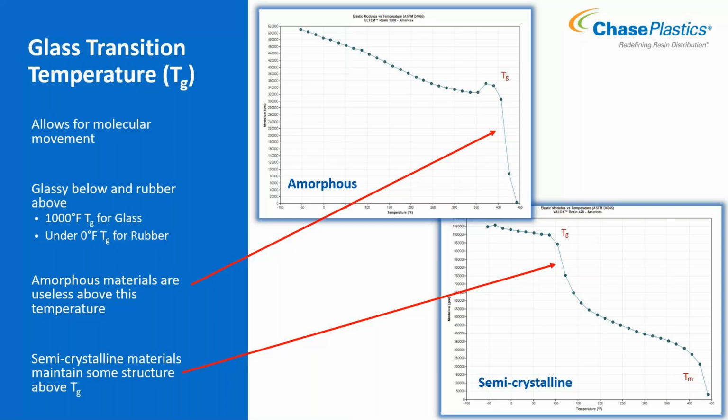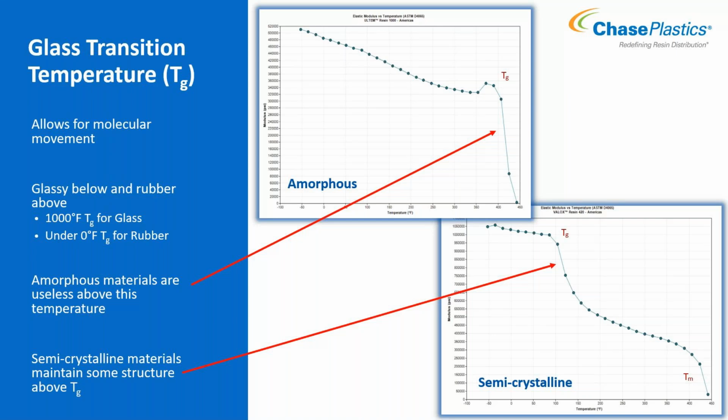And so within the material, if the molecules are starting to move, they're not holding their rigid structure anymore. The way that they'll describe it, they call it glassy if you're below the TG, because it's very rigid, it's very strong, it feels more like glass.